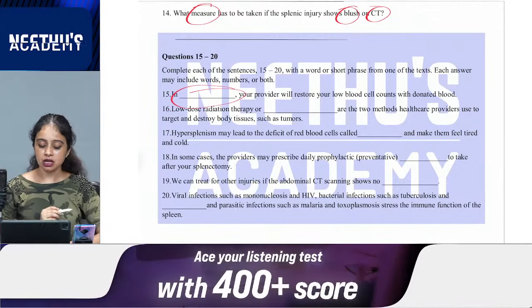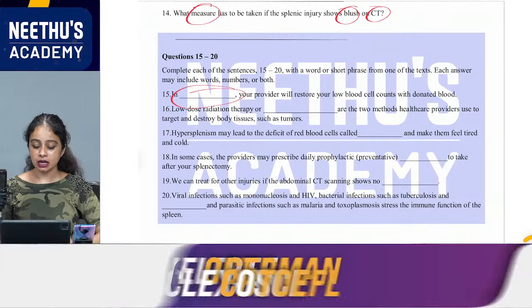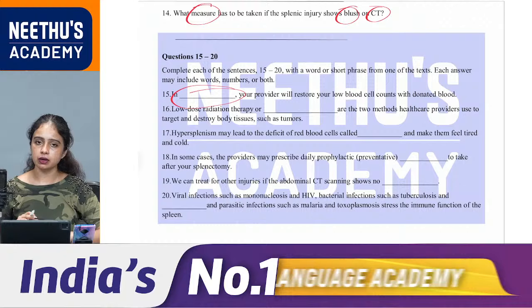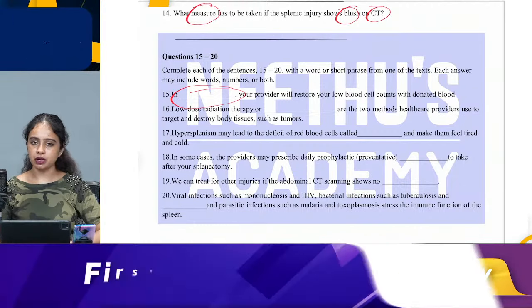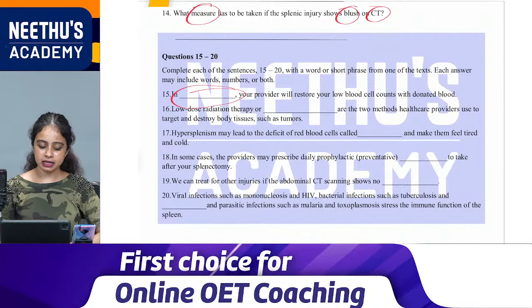In dash, your provider will restore your low blood cell counts with donated blood. So what is the correct answer here? 15th one, any idea? Okay, Juby, what is your answer? What about Grishma, BC, Soumya, Vidya?